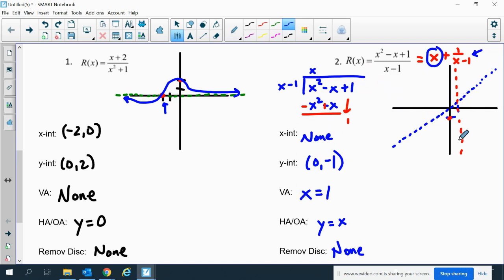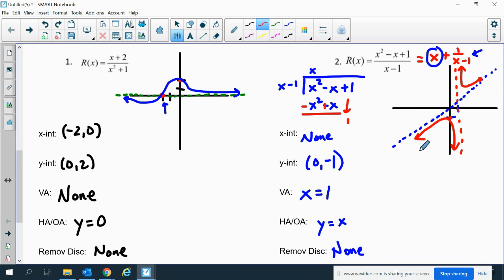And now my job is to figure out what this graph looks like. So this graph will go down as I approach the vertical asymptote, and it will kind of look something like this. Then this is generally speaking what it looks like.